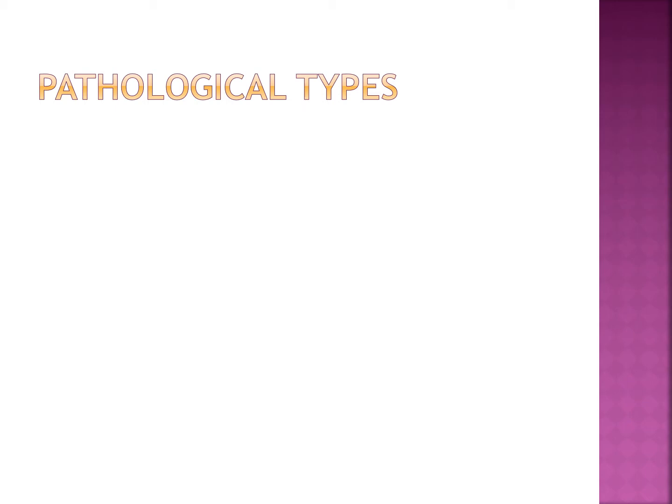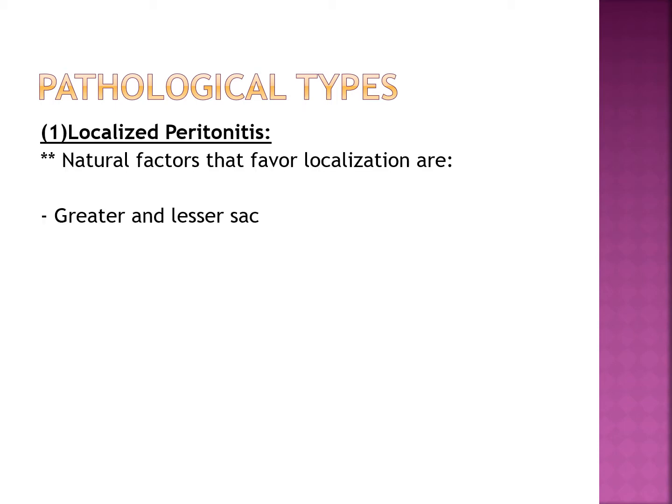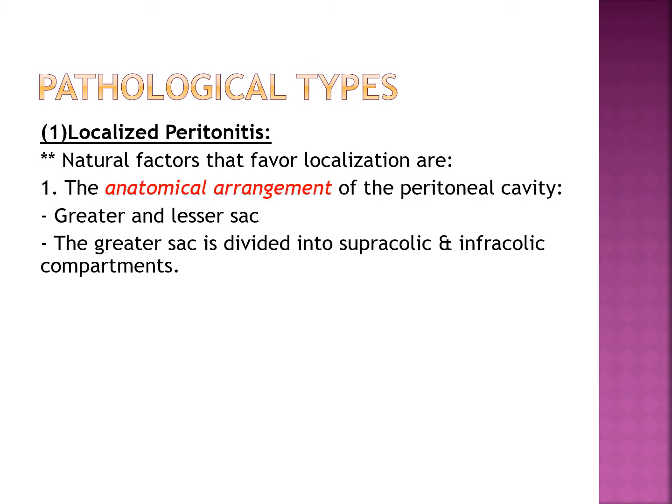So the pathological types of acute peritonitis are divided into two, as we have said, the localized peritonitis and the generalized. The natural factors that favor localization, as we mentioned in the previous slide, are the anatomical arrangement of the peritoneal cavity into the greater and the lesser sac, and the greater sac is further divided by the greater omentum and the transverse colon into supracolic and infracolic compartments.